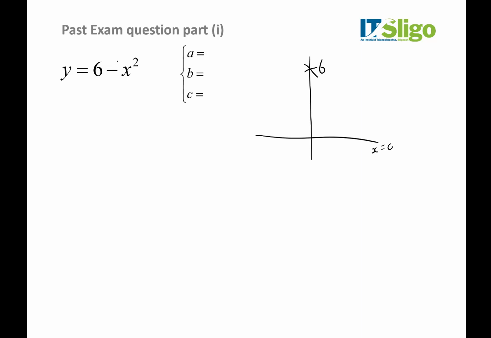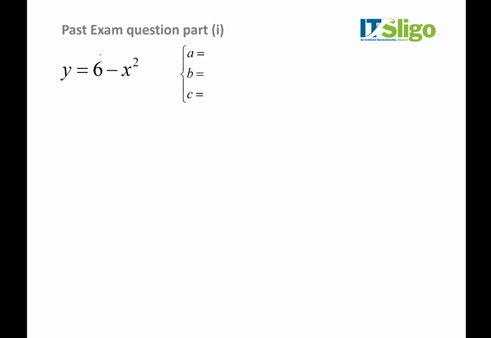When I let x equal 0, y is 6. I also, as I said, know it's not smiley, so it's probably going to look something more like that. So just by looking at a curve, you can actually begin to tell a lot about it.